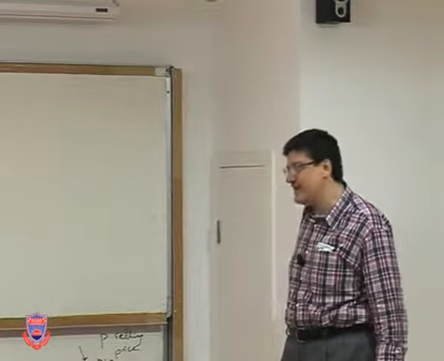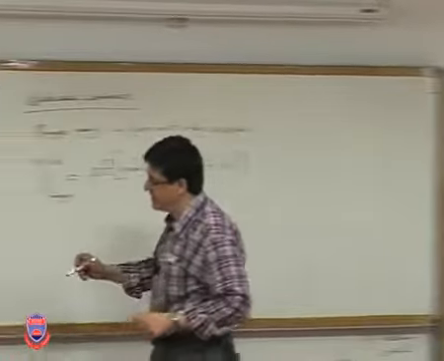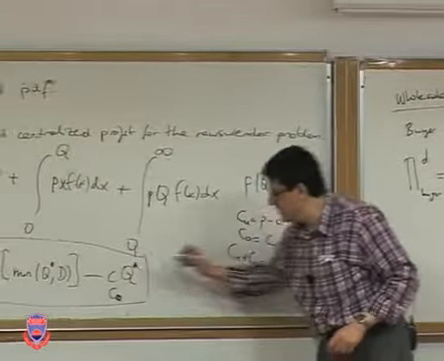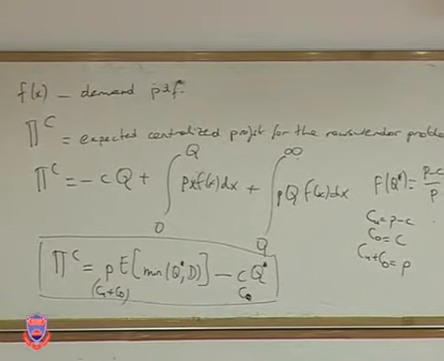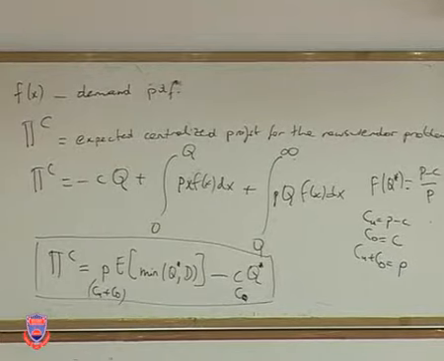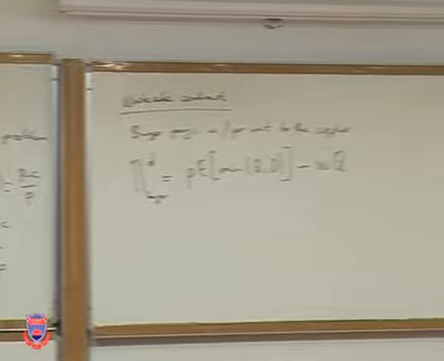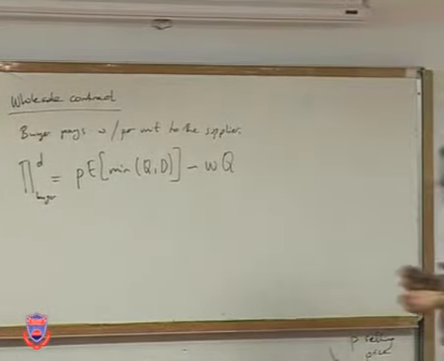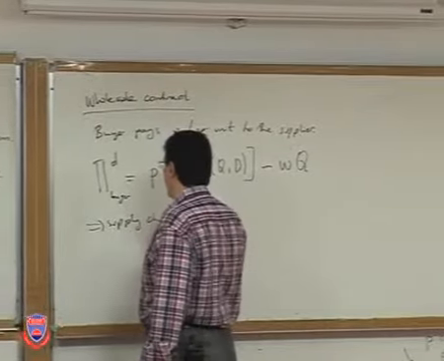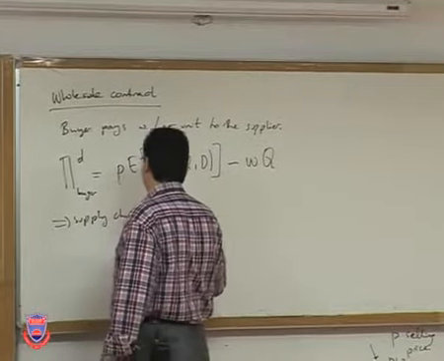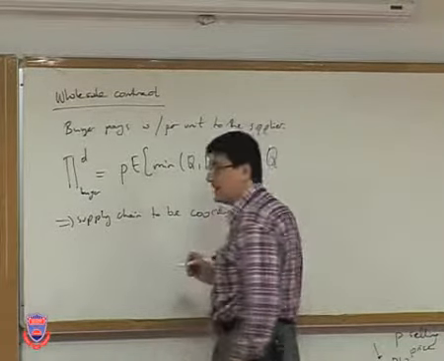Now, excuse me, I have a star here as well. And if we look at this, what we want is the same Q star to happen in the case where we have contracts. In other words, if we really want the supply chain to be coordinated, now what do we mean by coordinated?